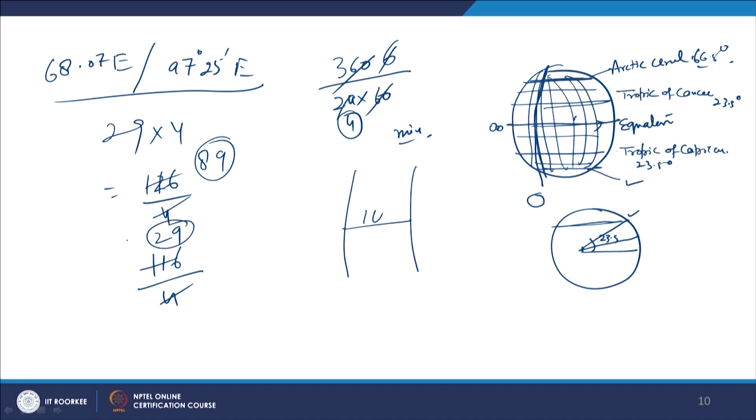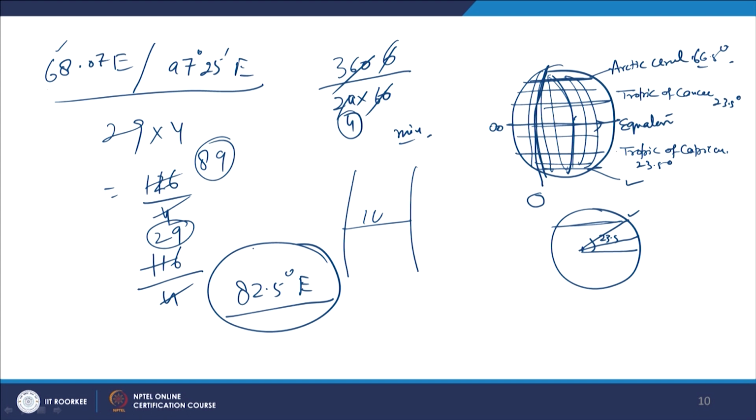So there is a local time difference from the extreme east to the extreme west of India of 29 minutes. But we have one standard time, and that is the average of these two, 68 plus 97 divided by 2, which is 82.5 degrees east. That is the longitude which passes near Allahabad, right? And this gives the Indian standard time.